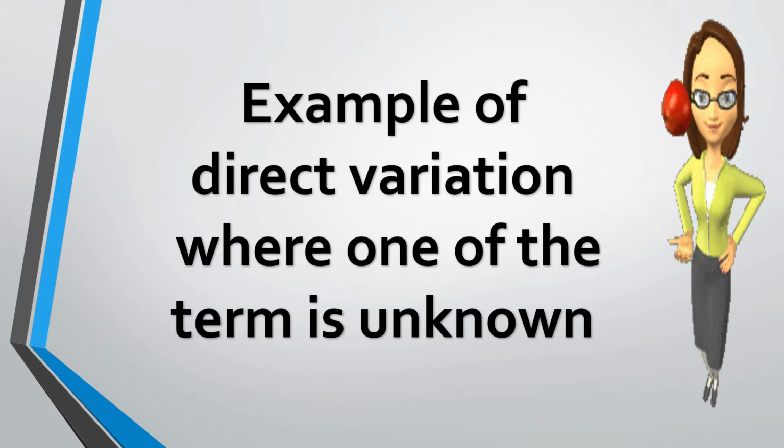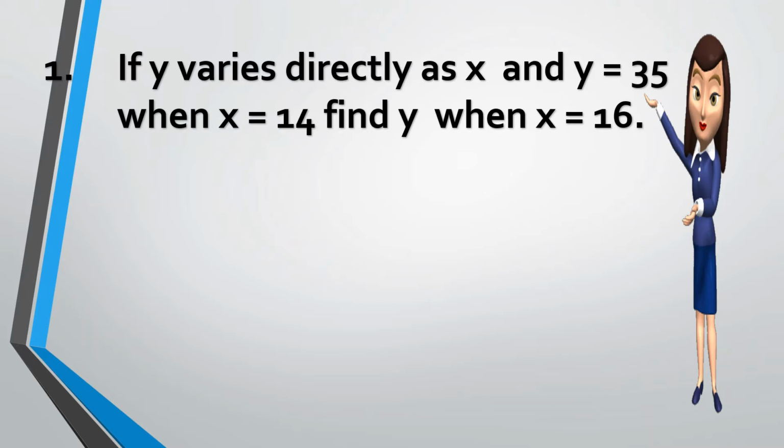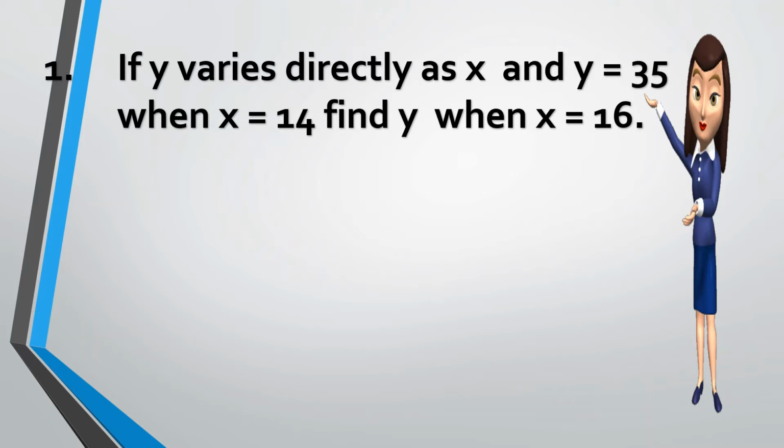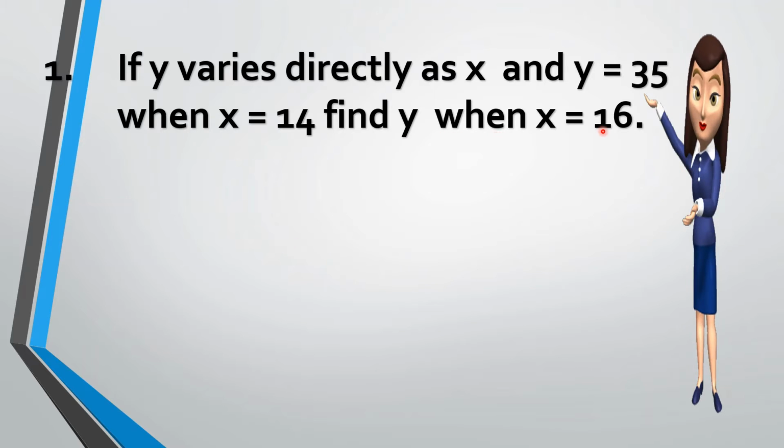So, let us give an example of direct variation where one of the terms is unknown. Okay, if y varies directly as x and y is equal to 35 when x is equal to 14, find y when x is equal to 16.